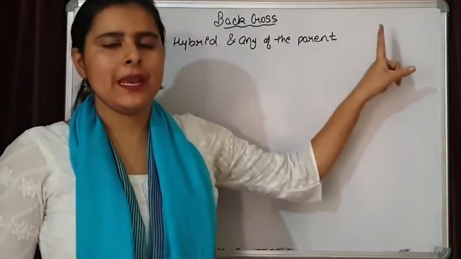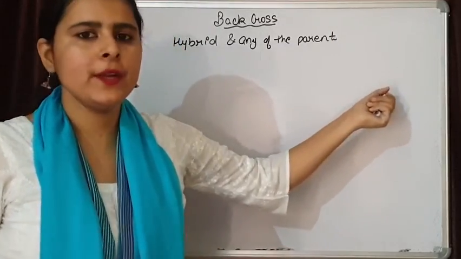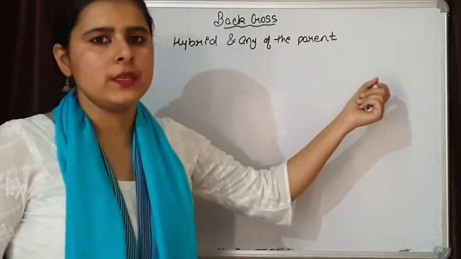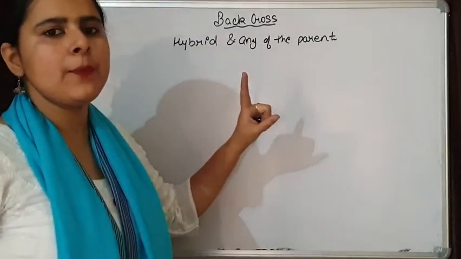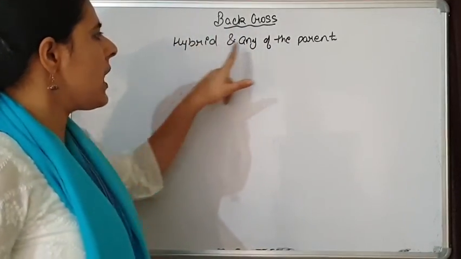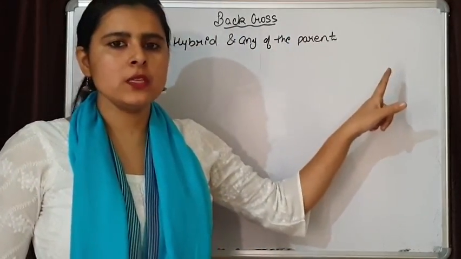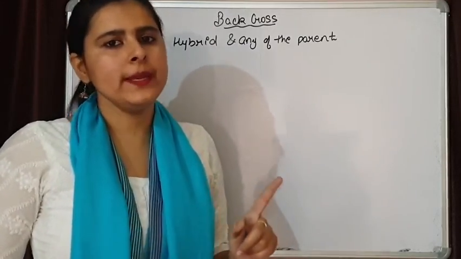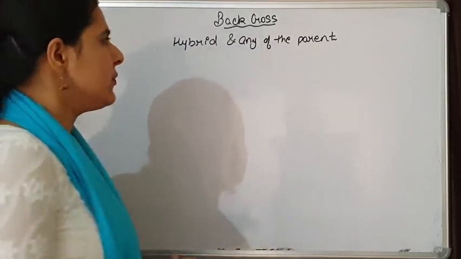Either we can take the pure line dominant parent or the pure line recessive parent. There will be a difference when we perform a cross between a hybrid and a pure line dominant, or a hybrid and a pure line recessive. Let's see what the difference is.